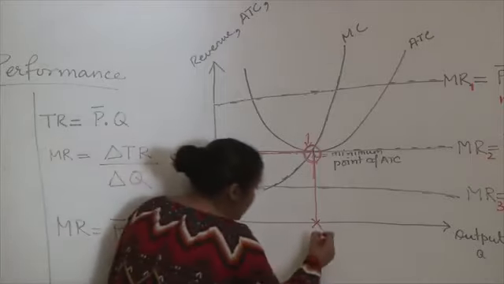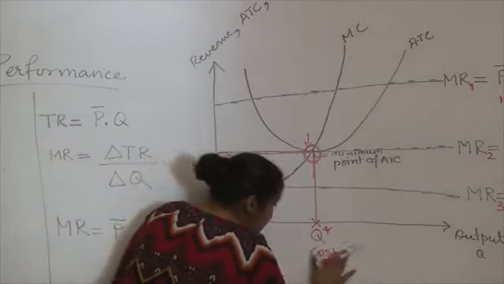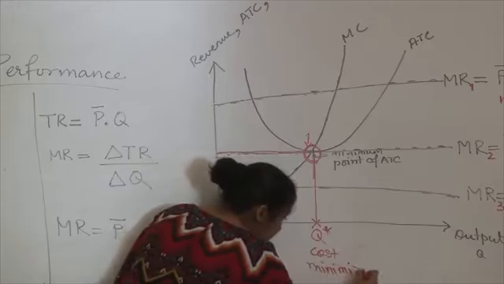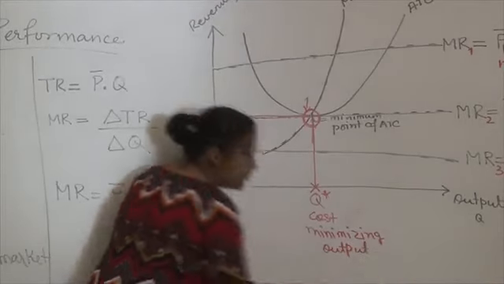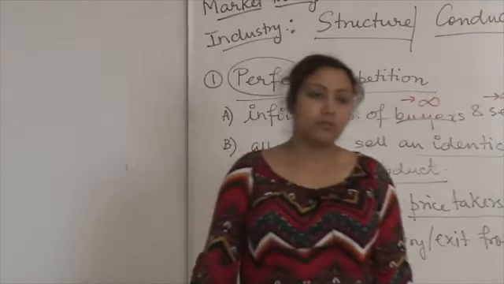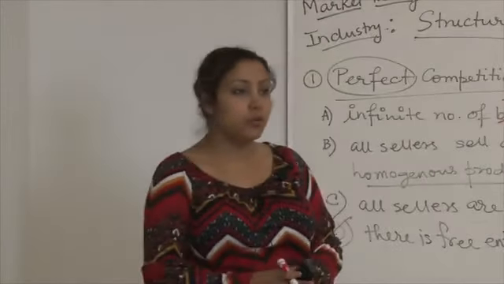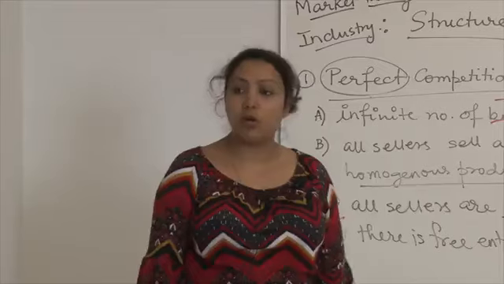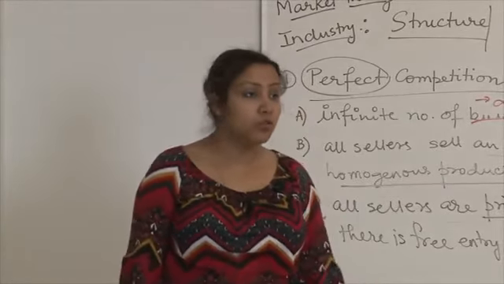So it is called the cost minimizing output. We talked about that. We said when you produce at the minimum point of ATC, that particular level of output is called the cost minimizing output, because you are producing it at the minimum most cost.